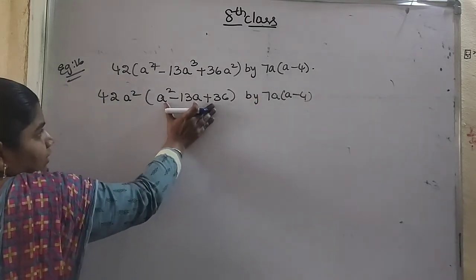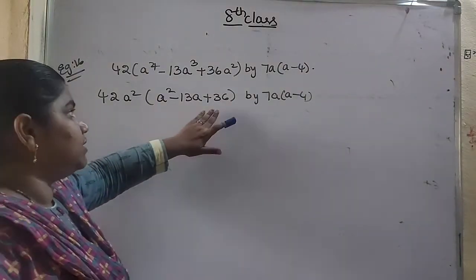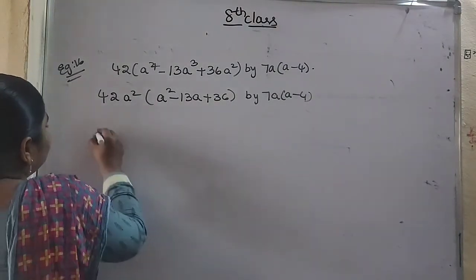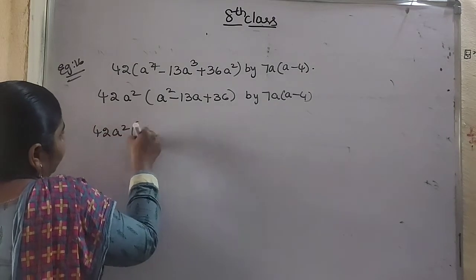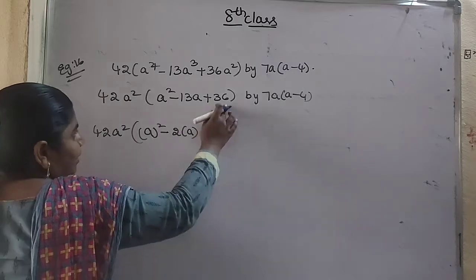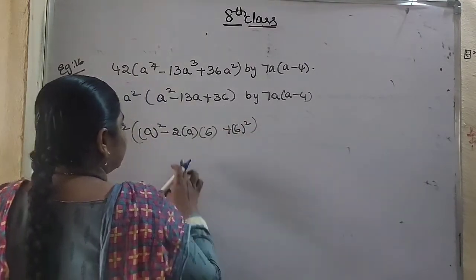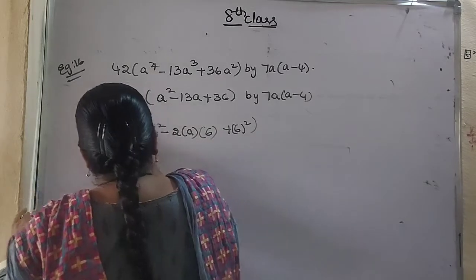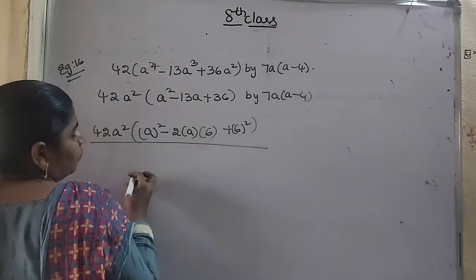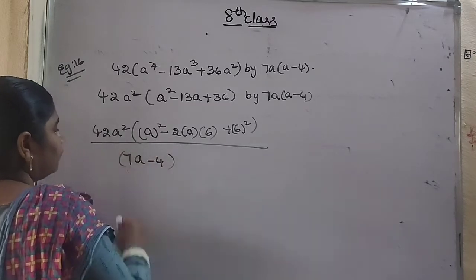So we have to factorize this term now. The first term and last term are in the form of squares. 36 can be written as 6 square. So we would write a whole square minus 2 into a into 6, by 7a minus 4.